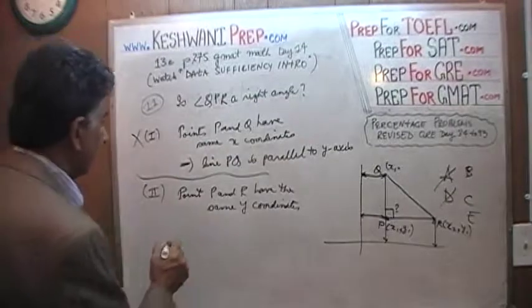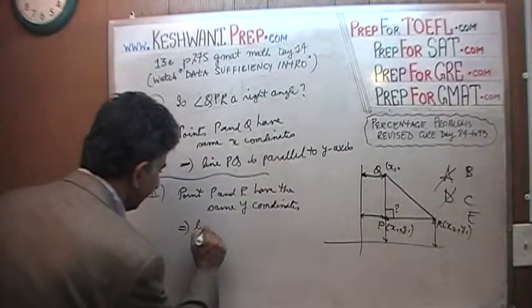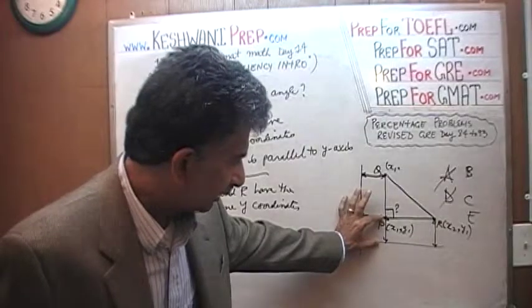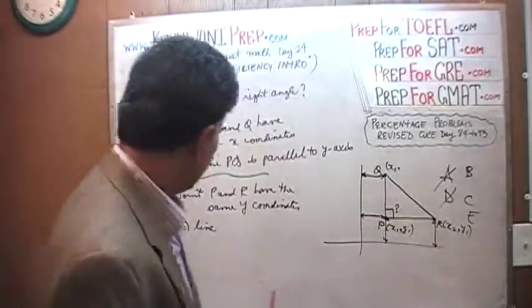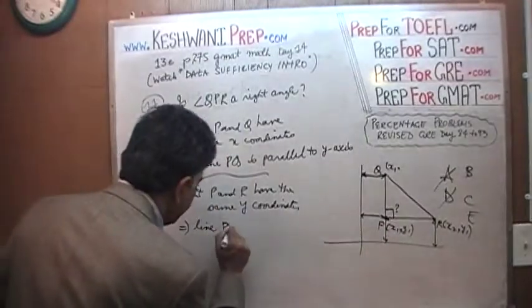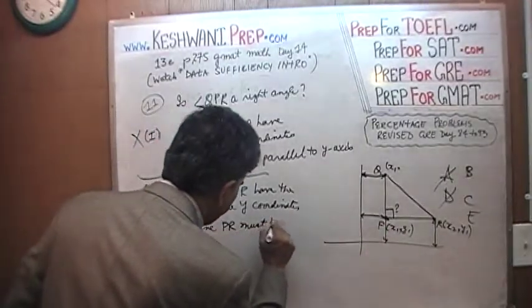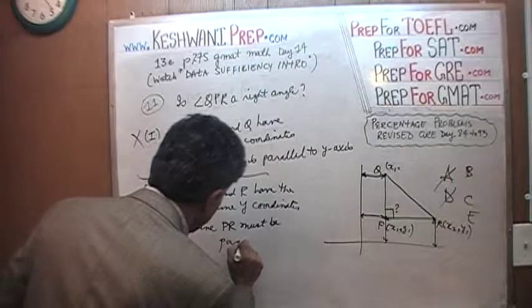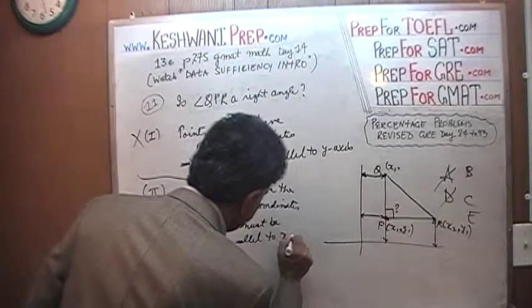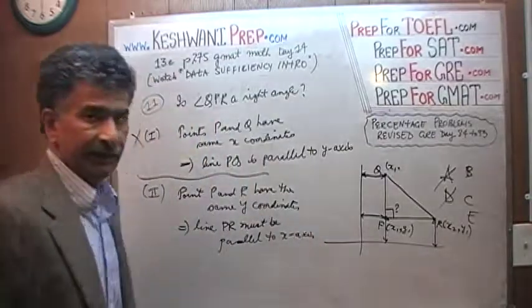Since this vertical distance is the same as this vertical distance, that implies that the line PR must be parallel to the x-axis. That's all we can tell.